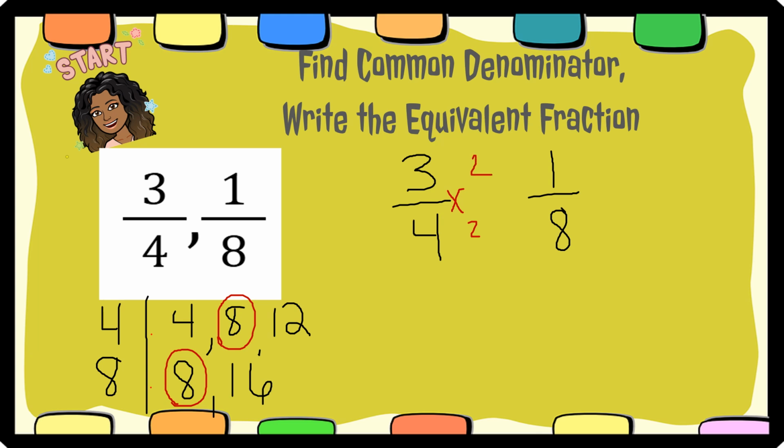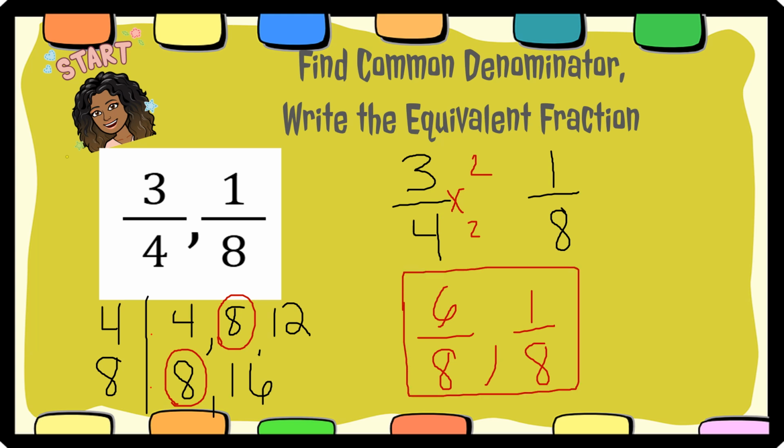And like I tell my students, whatever you do to the bottom, you must do to the top. 3 times 2 is 6, and 4 times 2 is 8. There's nothing else that I can do to 1/8 because 8 is already the denominator. So we'll just bring it down. So our new equivalent fractions are 6/8 and 1/8.